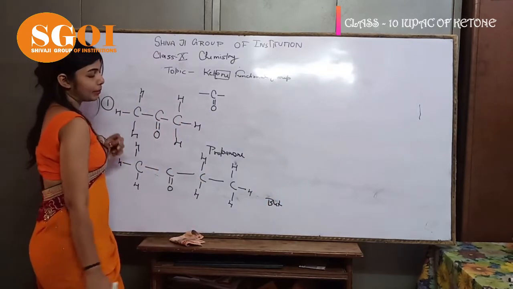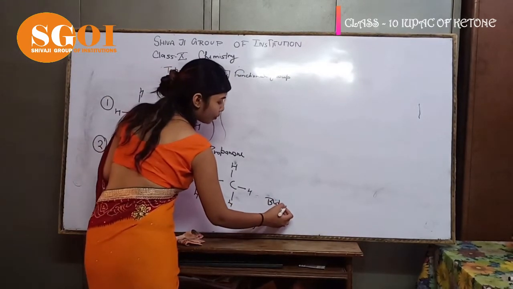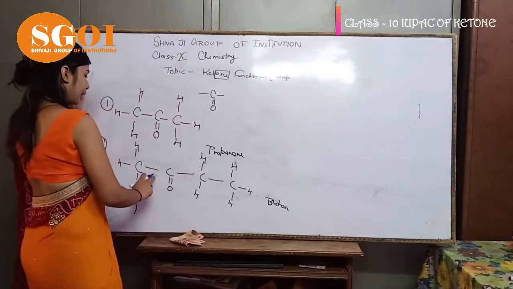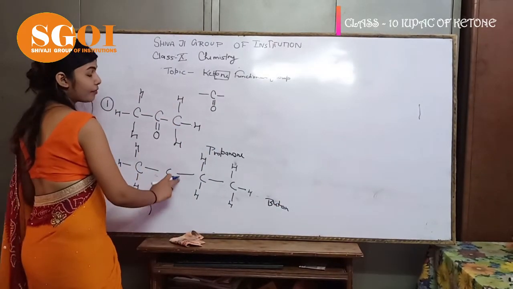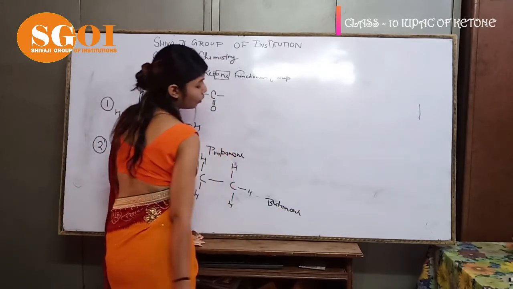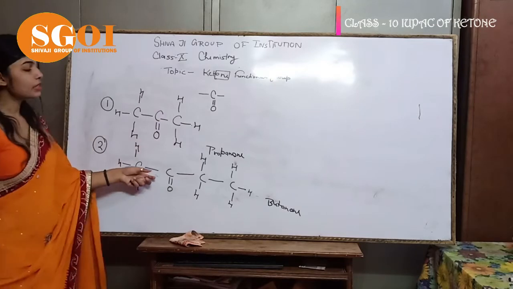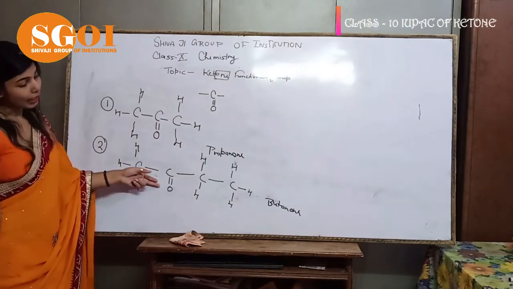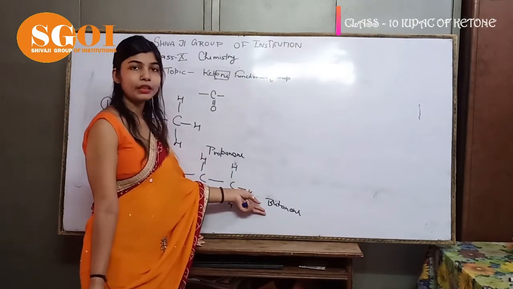Carbon to carbon atom has a single bond, that is why we use ane. And it has CO functional group, that is why we use O. So this organic compound's IUPAC name is butanone.